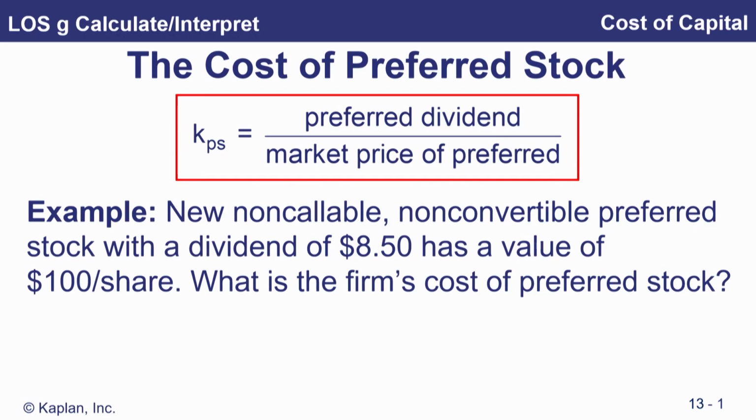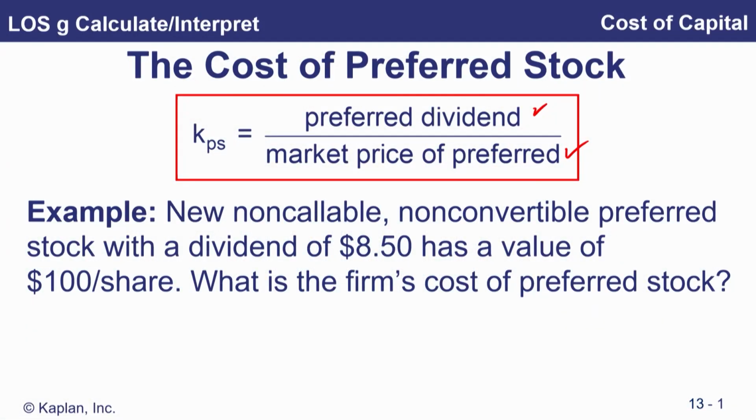Getting the required return on preferred stock is very straightforward. It's the preferred dividend over the market price. Remember, we don't expect any appreciation, any growth in the value, because the dividends are set, typically for the life of the preferred, which may be perpetual.